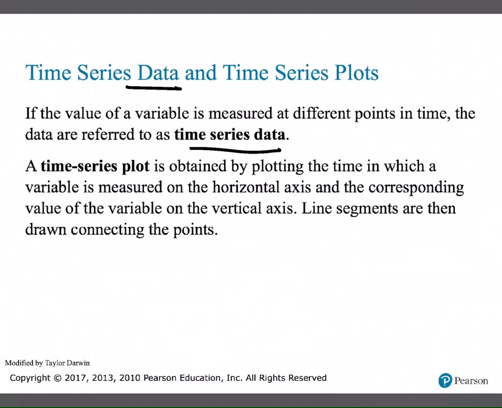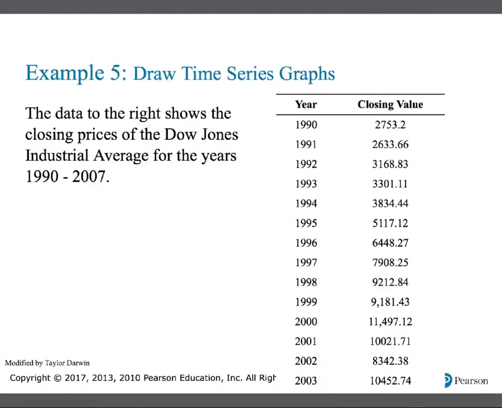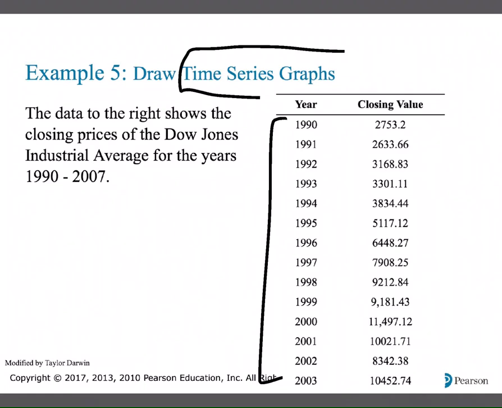So I'm going to give you all some data. The data says, here's the closing prices of Dow Jones Industrial Average for the years 1990 to 2007. So this is happening over a period of time, which is why we're going to use a time series graph.